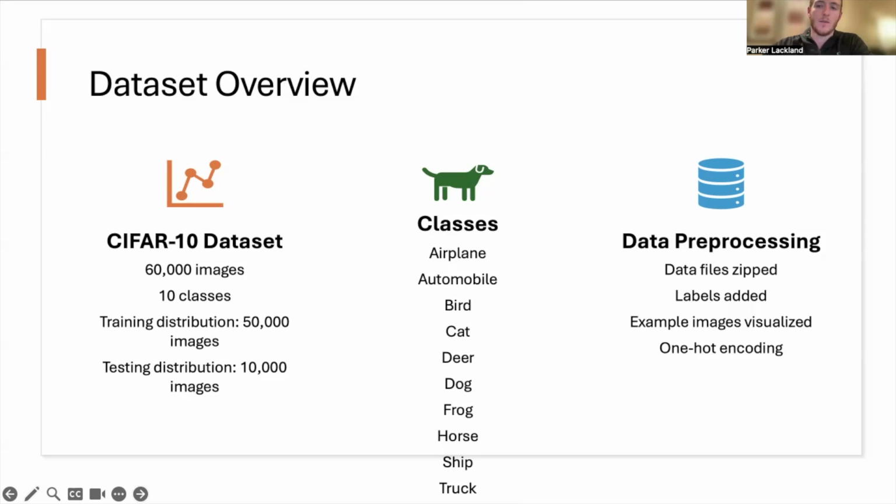They had labels that were added to them eventually from another data file, and some of these images were visualized so that we could see what they looked like and how they would fit into our algorithm. And then one hot encoding was also performed, so that the data shape would fit well into our model.